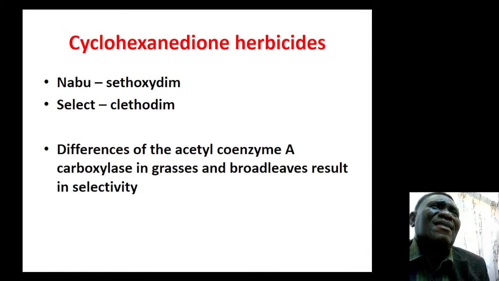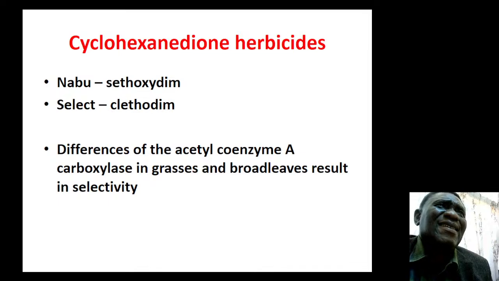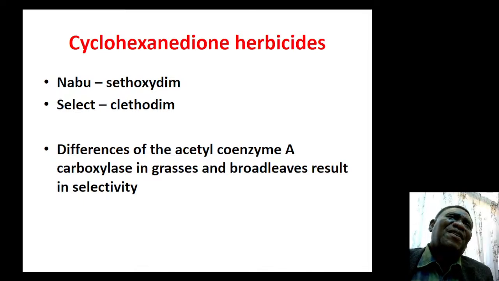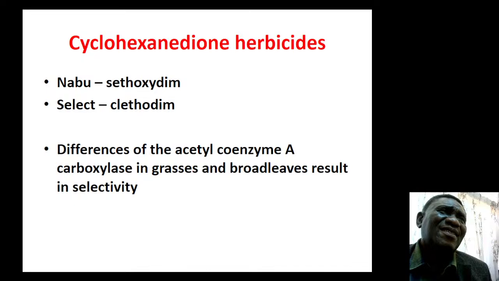Cyclohexanedione herbicides, we have sethoxydim or Select clethodim. These are used in broadleaved crops. Differences in acetyl coenzyme A carboxylase in grasses and broadleaves, as we have said, will result in selectivity.